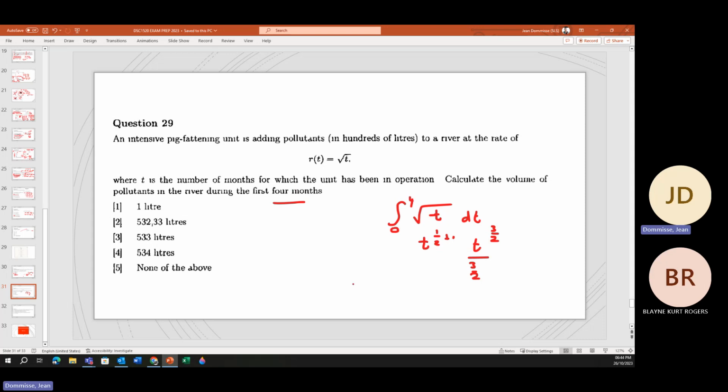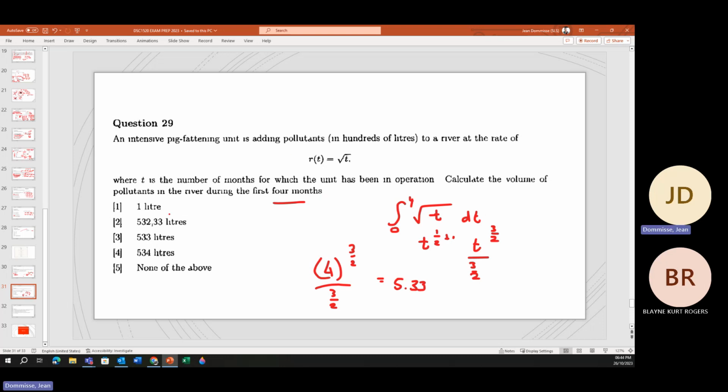When t is 4, please just check if you agree with this. 4 to the power of 1.5 divided by 1.5. Okay, so I get 5.33.